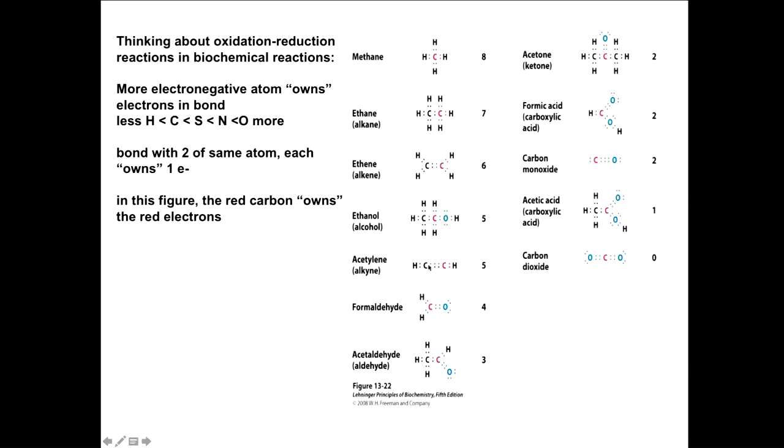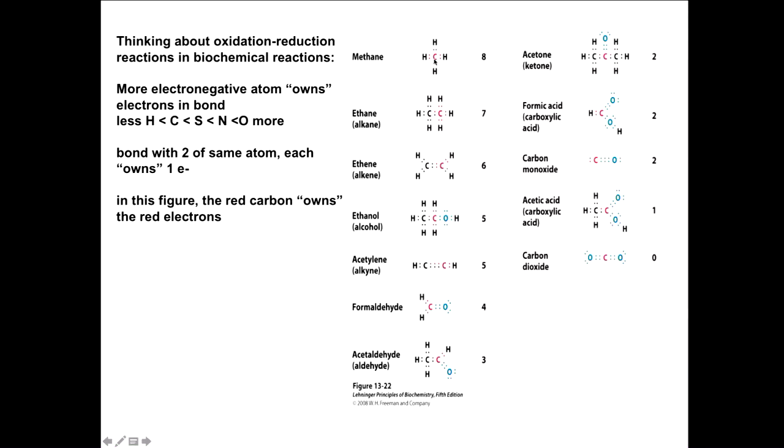Here's a triple bond to a carbon. Here's a carbon double bond oxygen, and so on, so you have all these different combinations. And we get down to carbon dioxide, carbon with 2 oxygens, a double bond to each of the 2 oxygens. It doesn't own any of them.